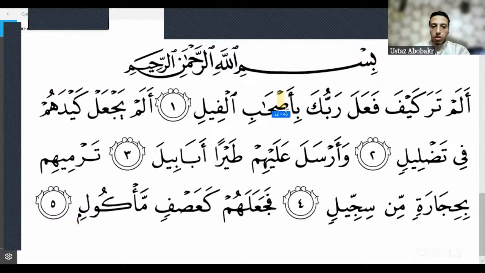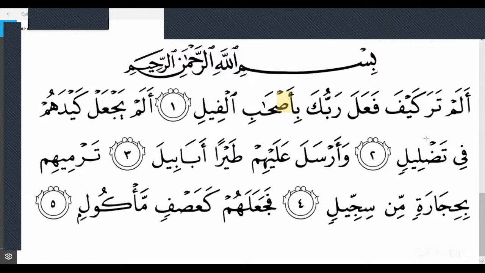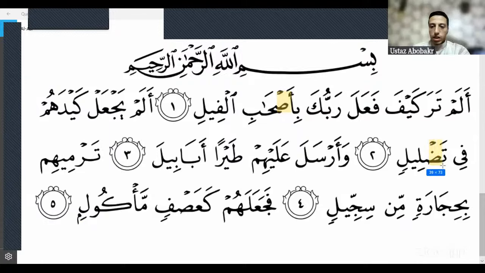We have Sad here, and Dad in the second ayah. Do we have Ta in the first ayah? I don't think so. So it's only Sad in the first ayah which is heavy. When we read a word like this, it has to be ashabi, making a heavy sound.